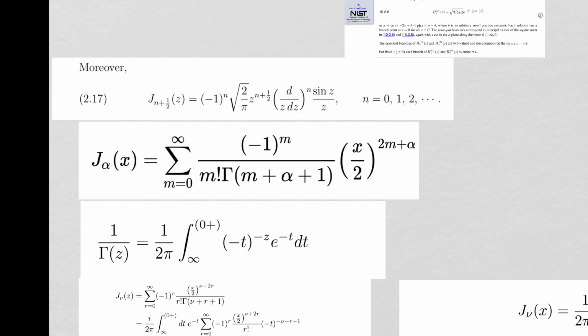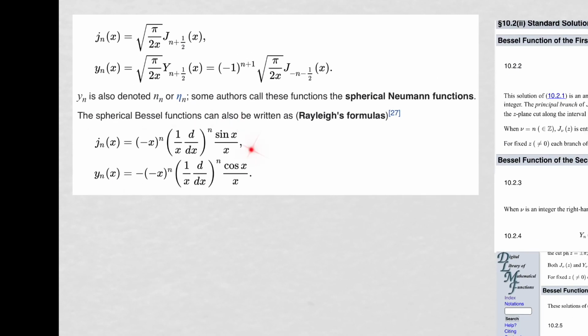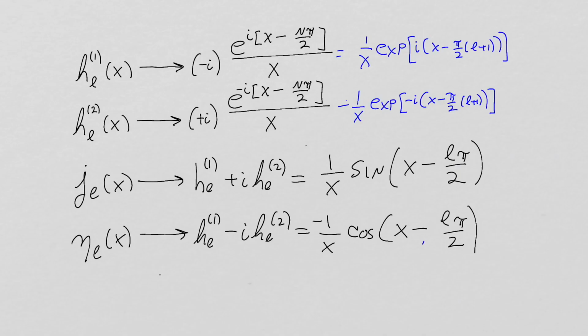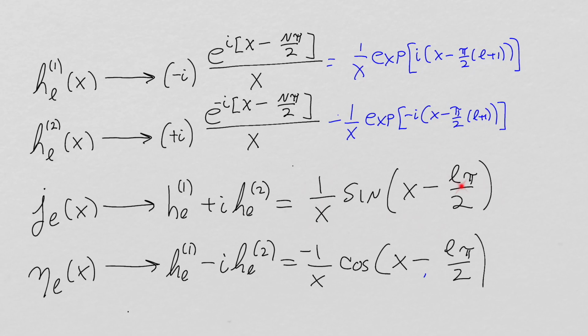What a mess. However, none of this matters because when x is large, all of this stuff, which becomes this thing, ultimately turns into nothing more than the sine of kr with a phase shift. And that phase shift is even pretty simple, right? It's just an integer L times pi over 2. So this is like a pi over 2 phase shift.